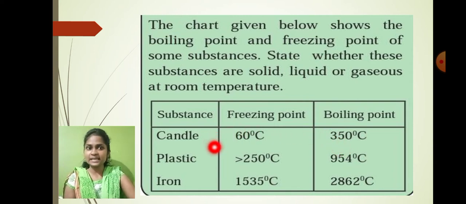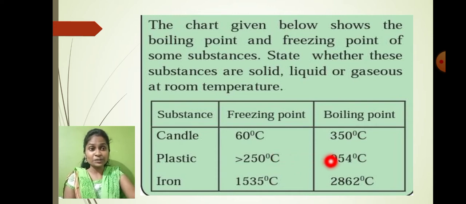And again you can see that the freezing point of the plastic is less than 250 degrees Celsius, and the boiling point of the plastic is almost 954 degrees Celsius, which is too high. Okay, so you can compare, students. And again see the freezing point of the iron, 1535 degrees Celsius.